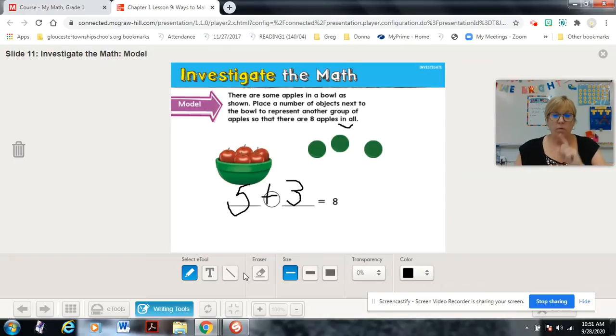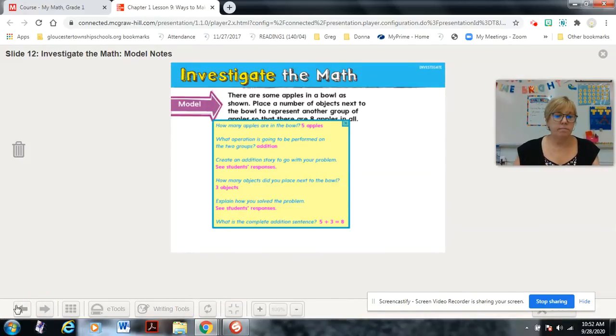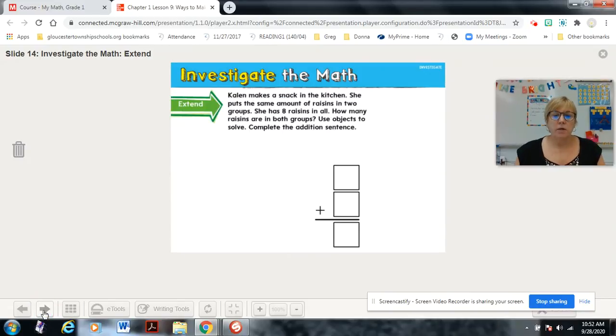Okay, now let's check the next slide to see. Yep, 5 plus 3 equals 8. Very good. Okay, so this one, remember this, vertical addition.